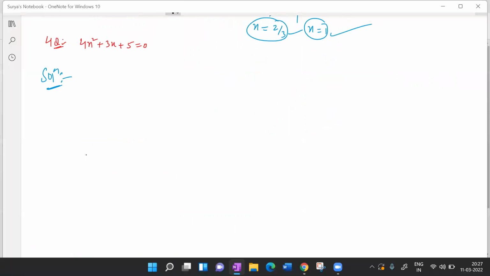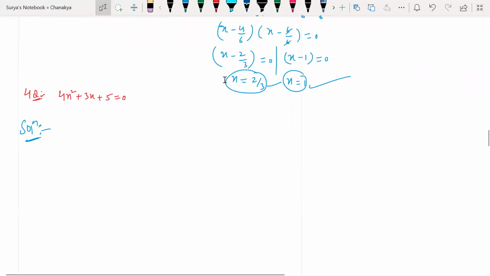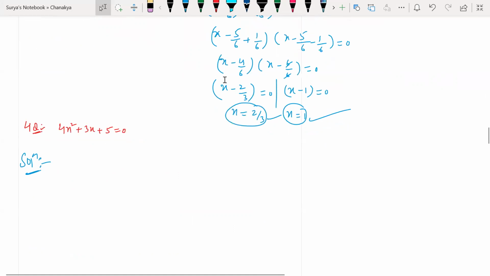So once can you show the solution of third one? Look at this. Yes, sir.